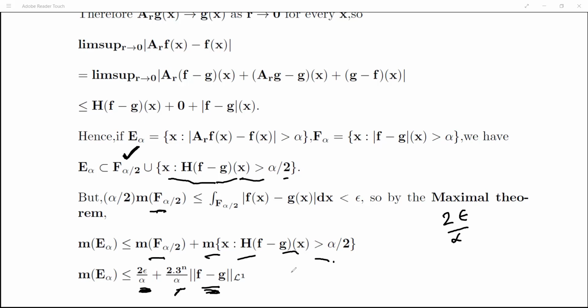Your epsilon is an arbitrary positive real number, so you can take epsilon as small as possible. So that will give the measure of E alpha to be 0.